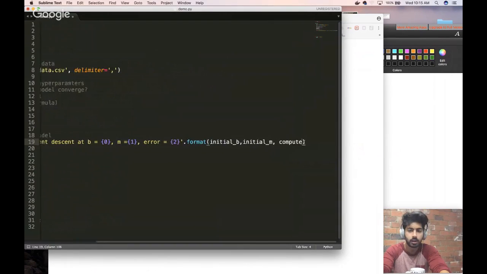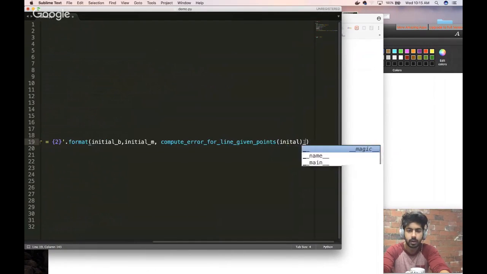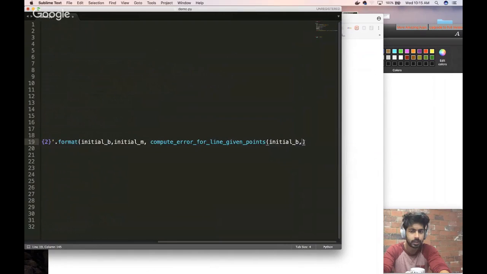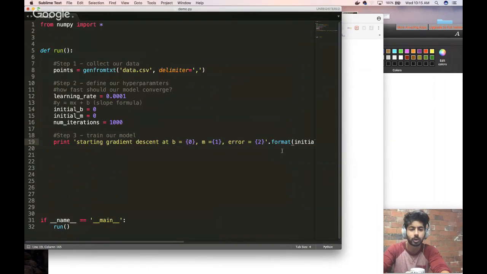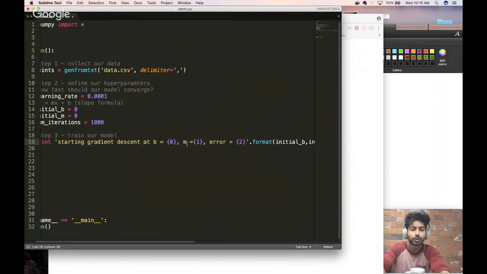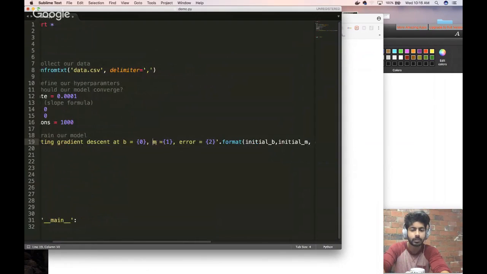Compute error for line given points. Let me just write this out and I'll explain. Initial b, initial m, and then the points. Let's go over what I just wrote here. In this line, we're going to show the starting b value and the starting m value.